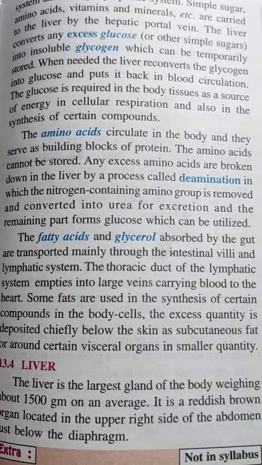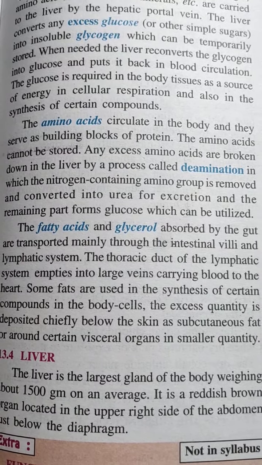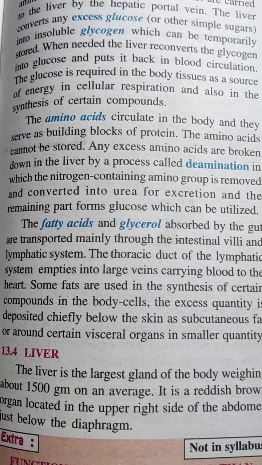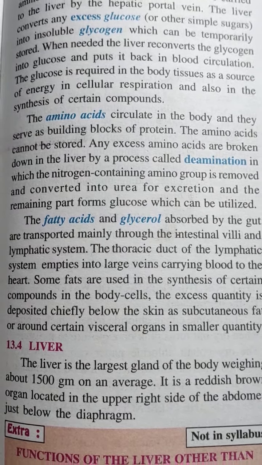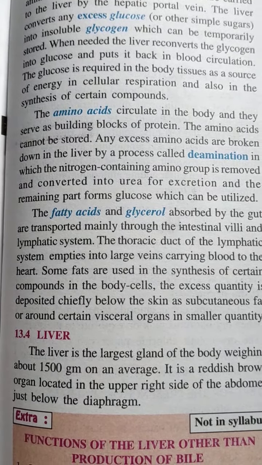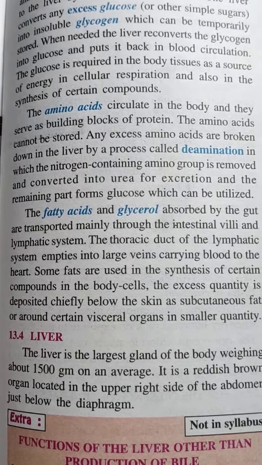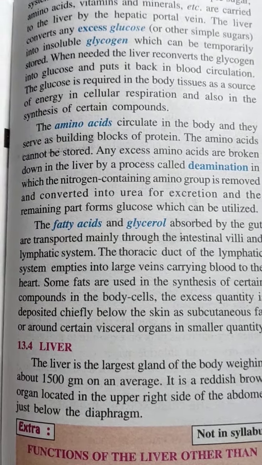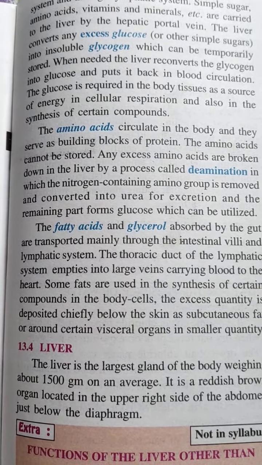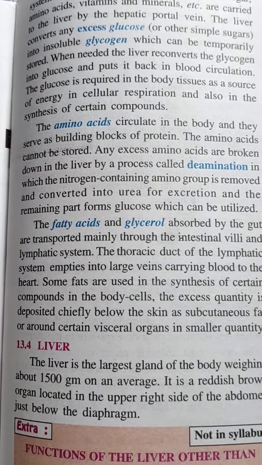The amino acids circulate in the body and they serve as building blocks of protein. Any excess amino acids are broken down in the liver by a process called deamination. The fatty acids and glycerol absorbed by the gut are transported mainly through the intestinal villi and lymphatic system. So the parts through which I have gone from here, that much only is required.